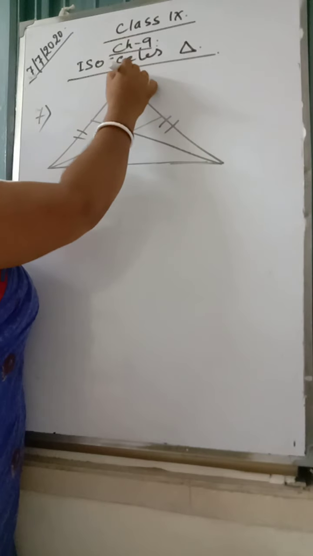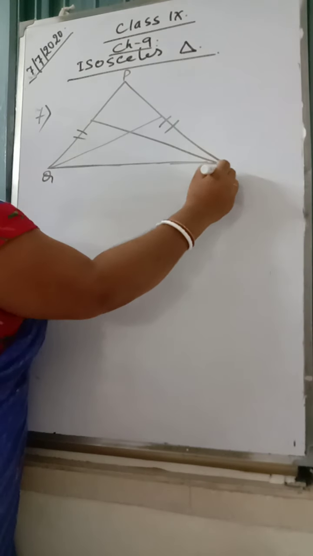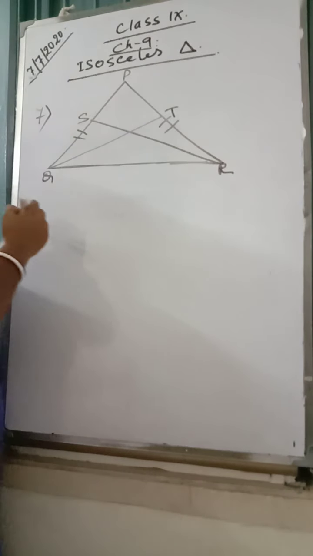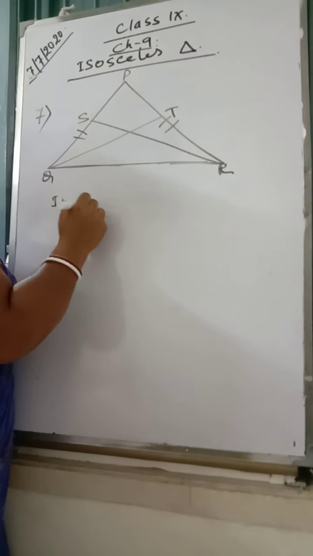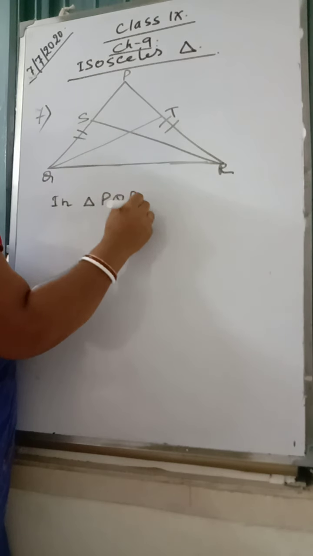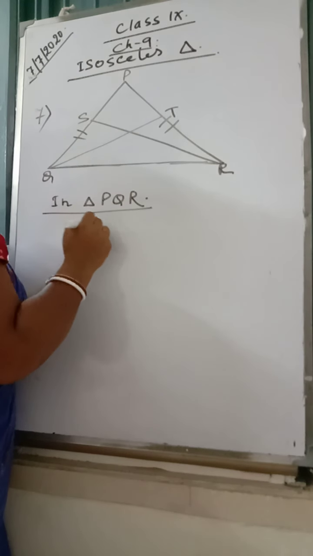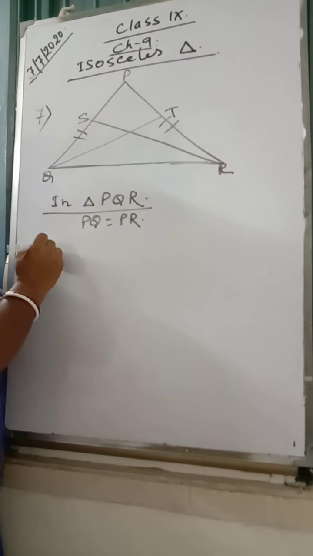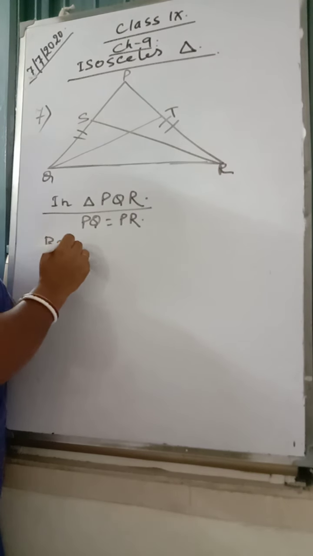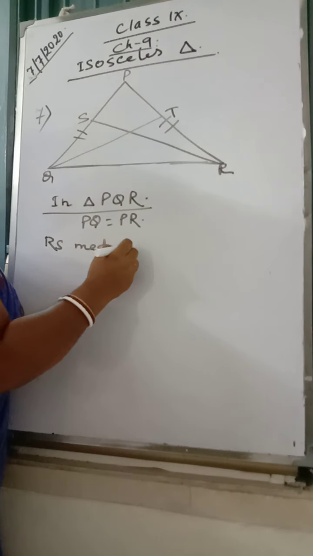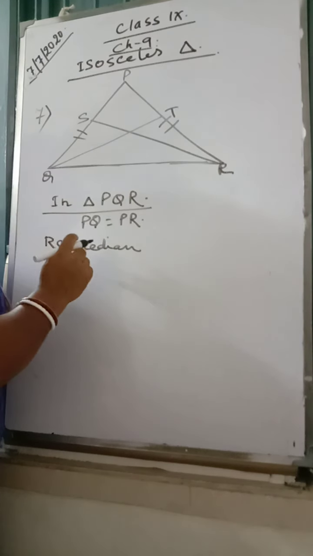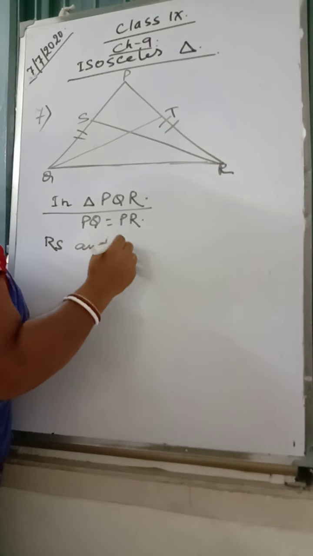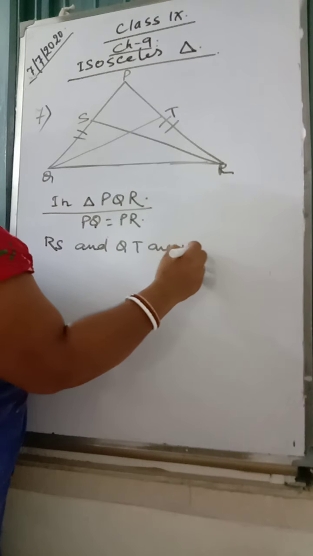Now maybe PQR is a triangle, RS and QT are the medians. In triangle PQR, PQ is equal to PR, RS and QT are medians.